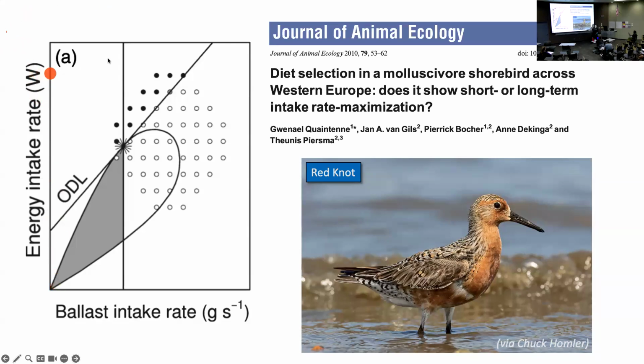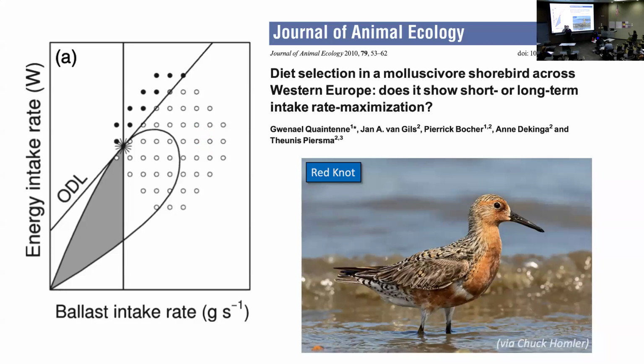So on the y-axis here, each one of these dots is a different type of mollusk. And on the y-axis, we have their profitabilities, their energy per handling time. On the x-axis, plotted up here, we have their ballast quality. It's their energy per bulk.